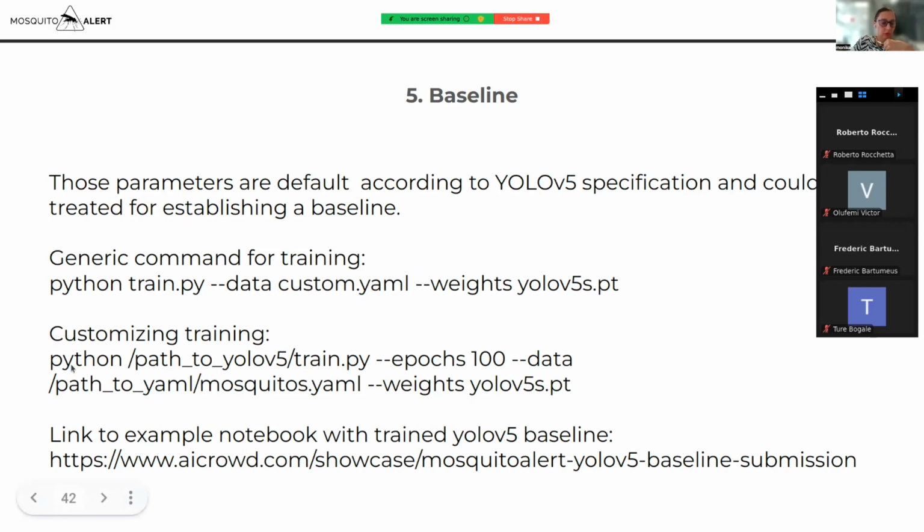Customizing training is a simple example here: you go to your path to the YOLO-V file, number of epochs, data to the YAML file, and weights. You just specify which model you want to train. And here it is linked to that example notebook where we show the solution available for the participants.